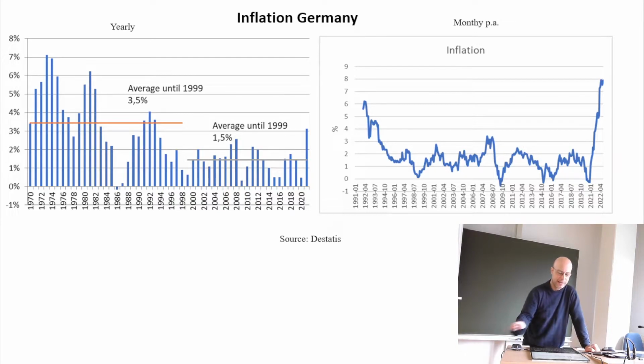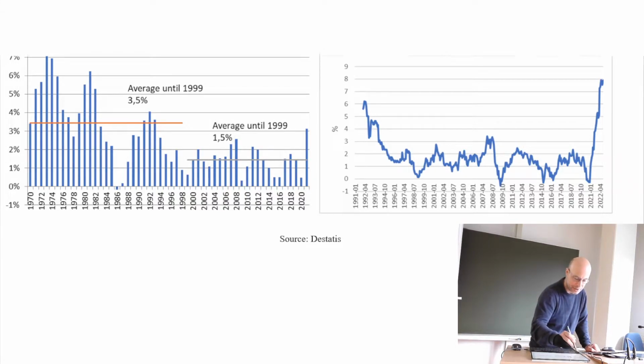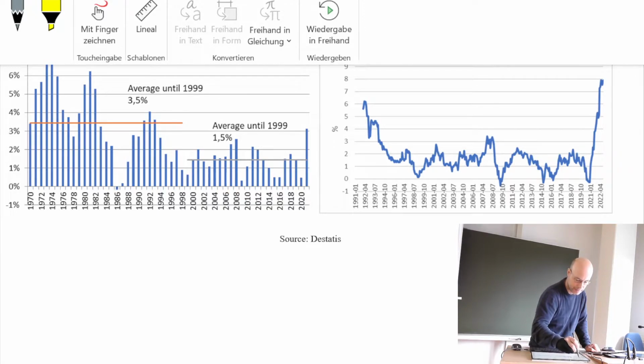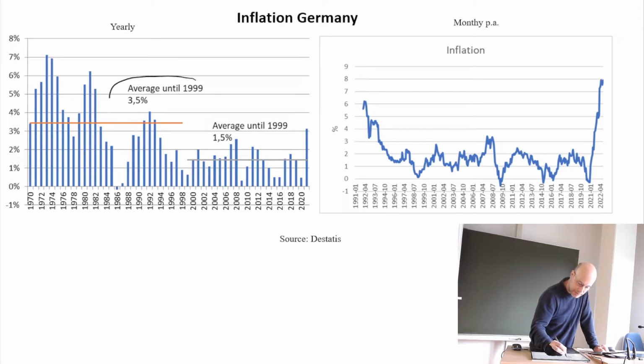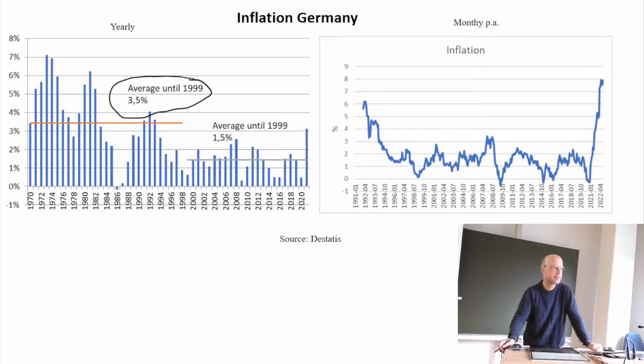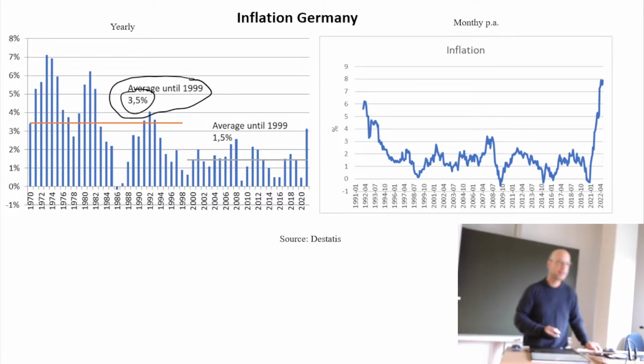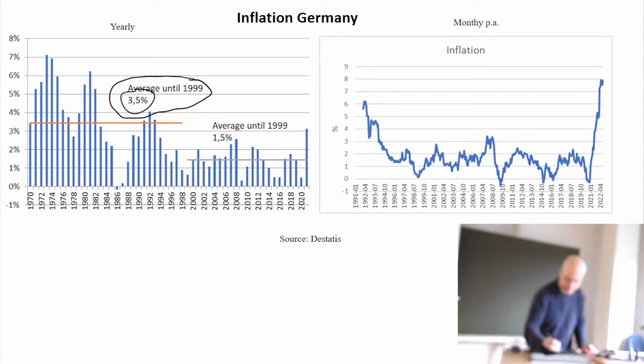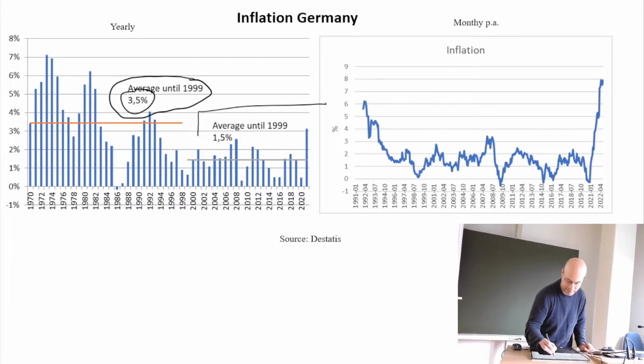But if you look at the actual price development during the time before introducing the euro, then on average, from the 1970s until 1999, the introduction date of the euro, we had inflation rates of roughly 3.5%.